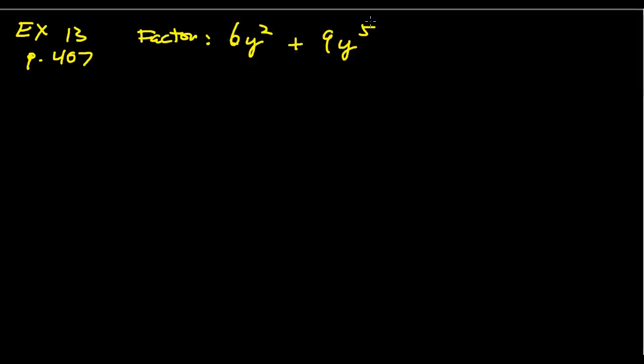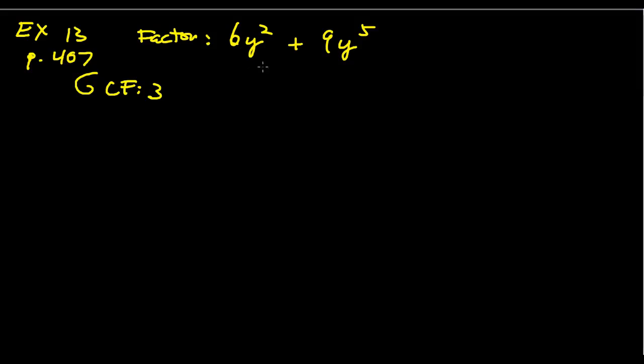Now, of course, not all greatest common factors are just numbers. Here we've got some powers of y that are common to both terms. What I do is I look at the coefficients first. I'll spot the GCF of the numbers or coefficients first. It looks like 6 and 9. The greatest common factor of 6 and 9 is 3.